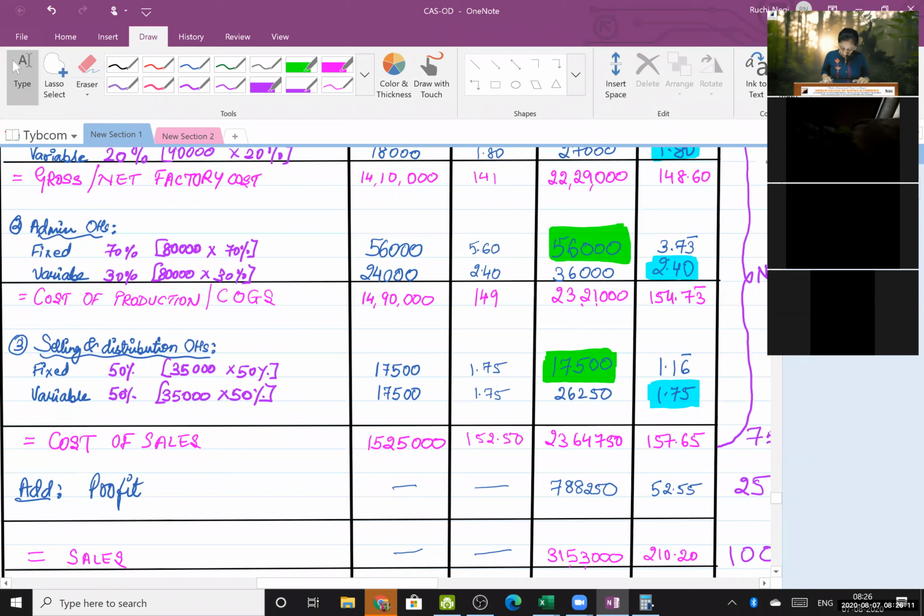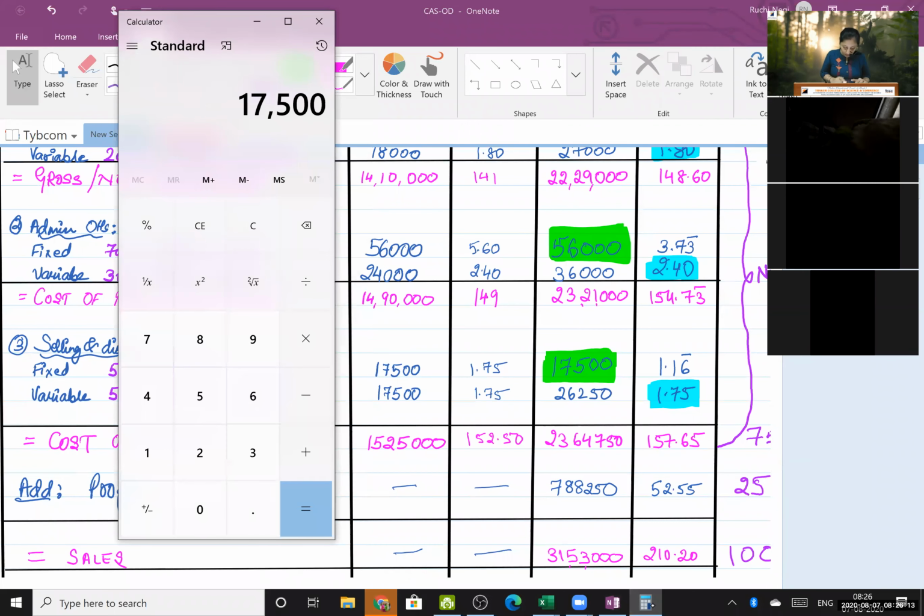Then divide 17,500 divided by 15,000, 1.16666 recurring, and 1.75 into 15,000, 26,250. At the CPU, and 57.64 or 65.